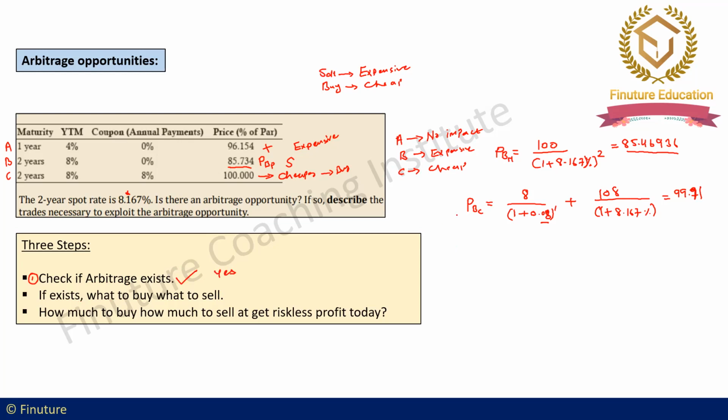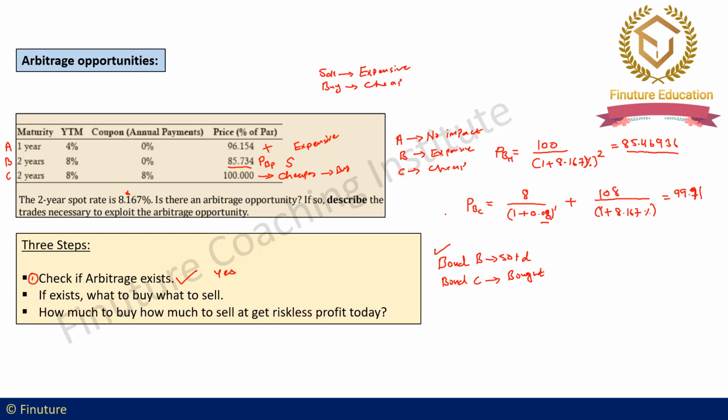Now what to buy, what to sell? Because B is expensive, we will sell bond B, and bond C will be bought. So this is the conclusion so far.